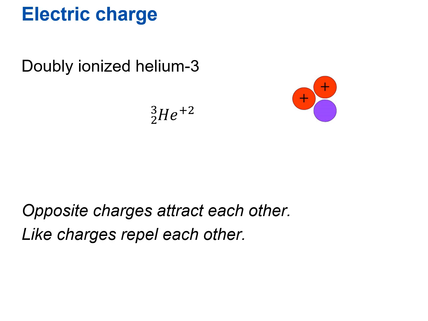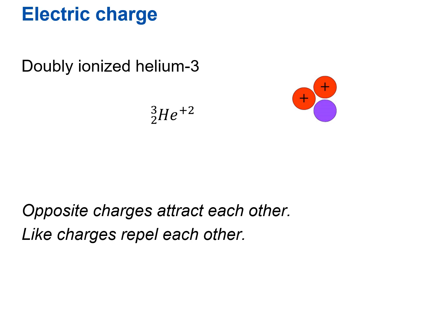Now, I've said before that nature prefers atoms to be neutral. Usually in nature, atoms are neutral. That's not the case in this picture right here, but I want to get into why atoms are usually neutral. So here we have an ion with a charge of +2.